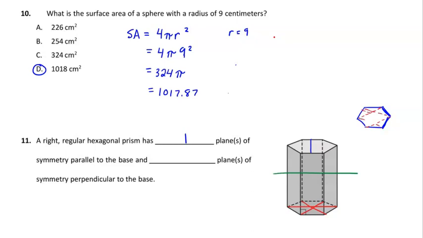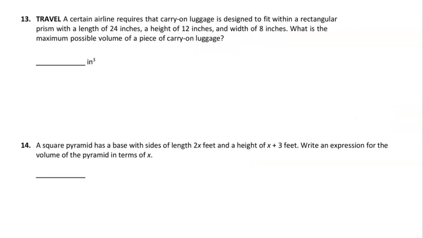Which means I can cut through this rectangle, I can cut through that rectangle part, and then I can cut through this rectangle part. So now I can cut in the middles rather than at the corners. So I have 6 planes of symmetry there where I can cut it and it's going to be the same piece on both sides. Alright, moving on to number 13.